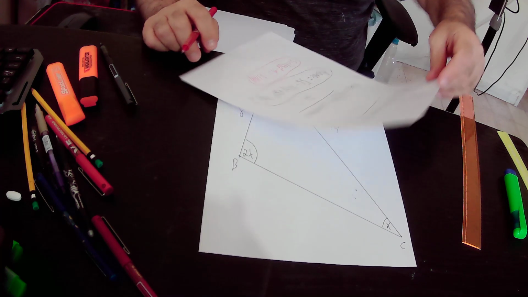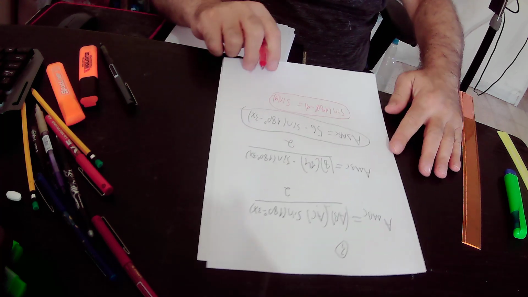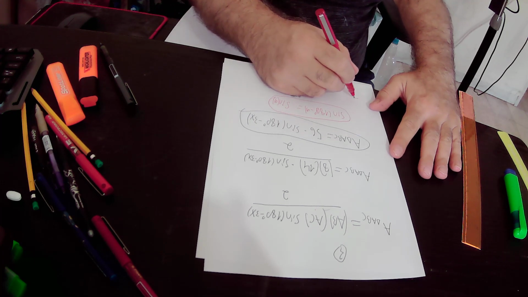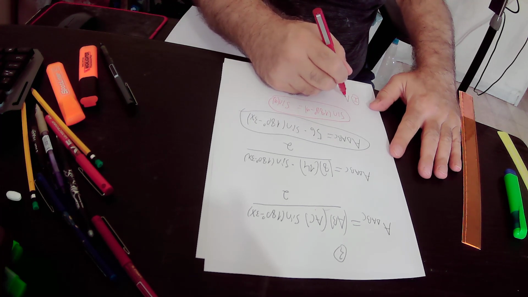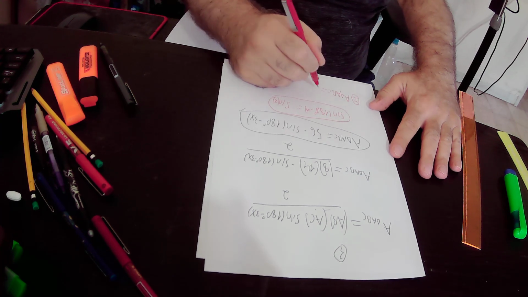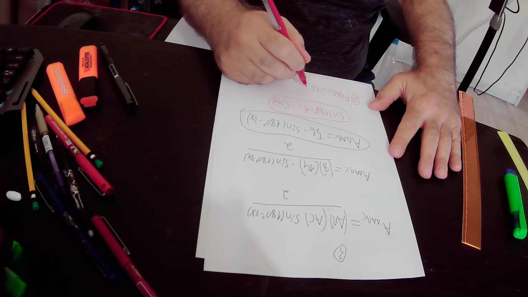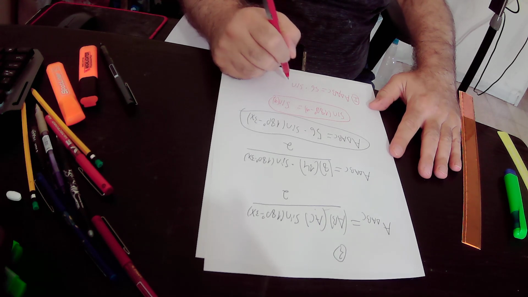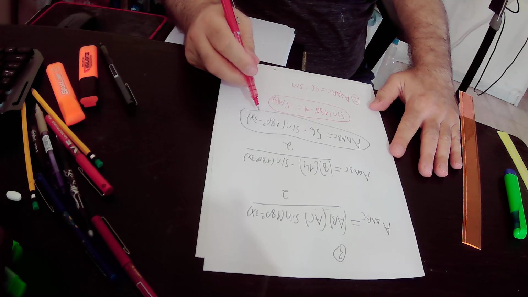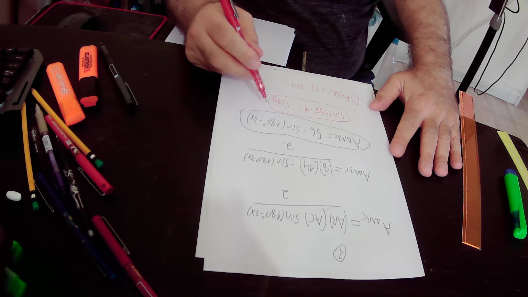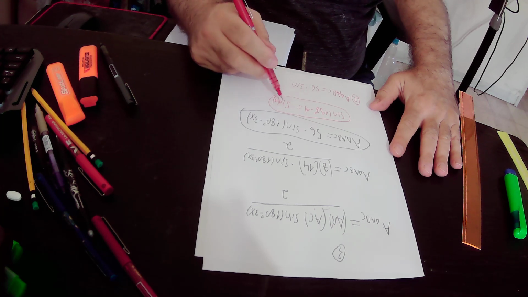Okay, so this is actually equation number 1 that states that the area of triangle ABC equals 56 times sine, and instead of 180 degrees minus 3x, we can write 3x according to this trigonometric identity.